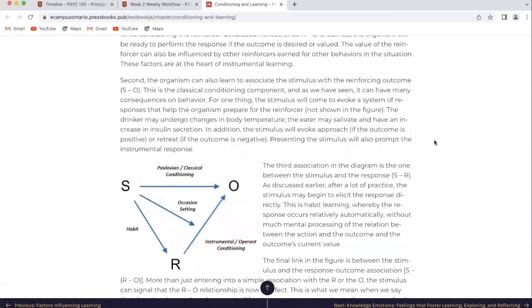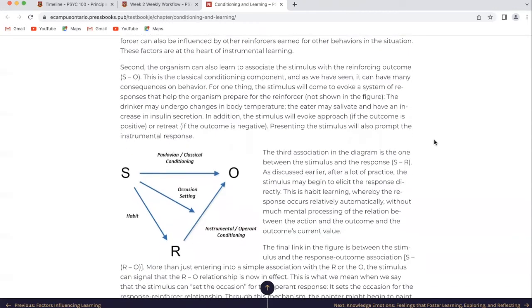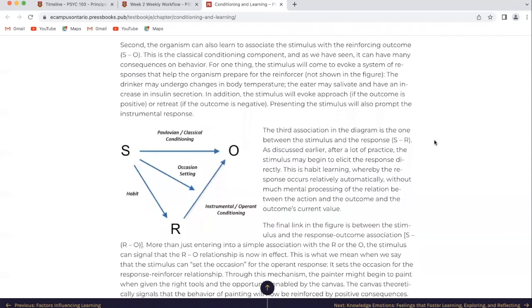The value of the reinforcer can also be influenced by other reinforcers earned for other behaviors in the situation. These factors are at the heart of instrumental learning. Second, the organism can also learn to associate the stimulus with the reinforcing outcome, S to O. This is the classical conditioning component, and as we have seen, it can have many consequences on behavior.